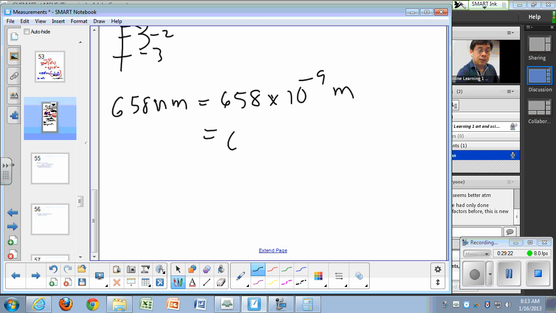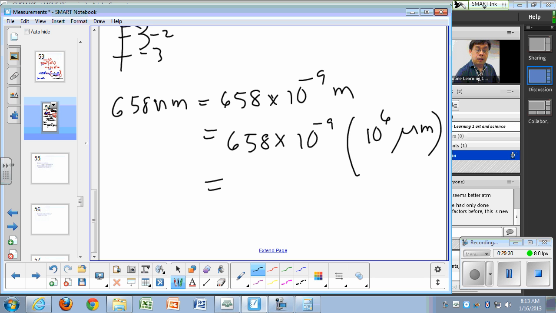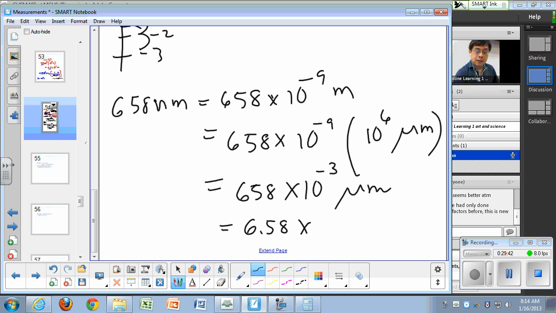That's equivalent to 658 times 10 to the negative 9, and a meter is 10 to the 6 micrometers. So that gives me 658 times 10 to the negative 3 micrometers. And so that's going to be 6.58 times 10 to the negative 1 micrometers. So that's how it's done using algebraic substitution.